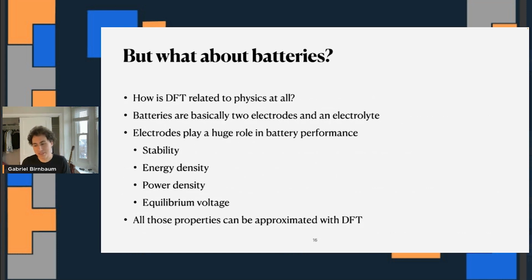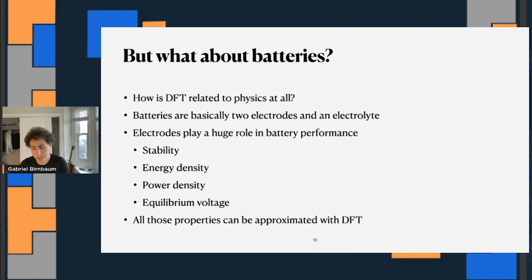But what about batteries, right? If we just looked at a bunch of physics, a bunch of chemistry, how does it say anything about a macro system? How do atoms say anything about the macro system of batteries that we are interested in? Well, electrochemical batteries are basically two electrodes, a cathode and an anode, separated by an electrolyte. And the electrodes are basically compounds, and they can be described very accurately by their crystal structure or atomic structure.